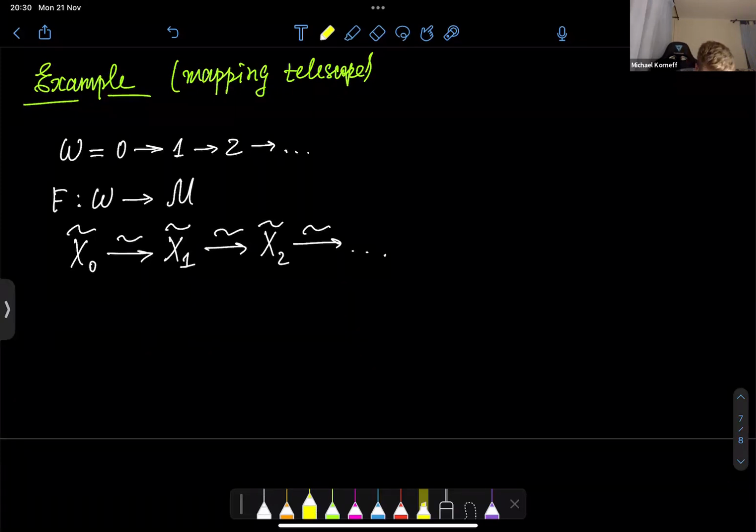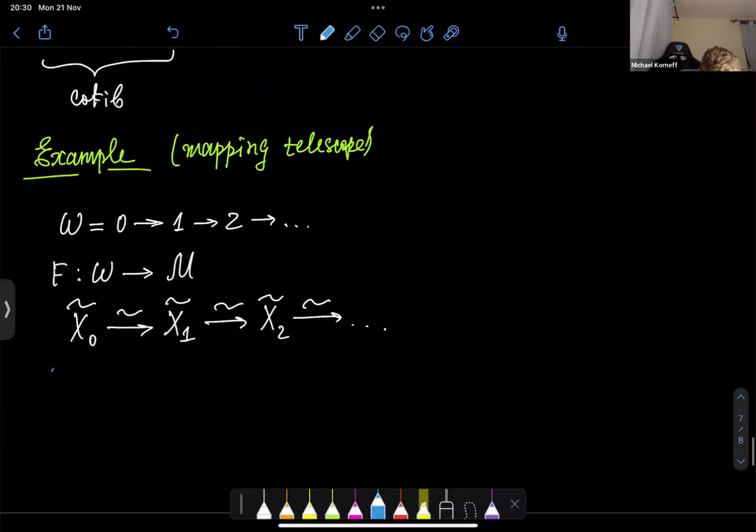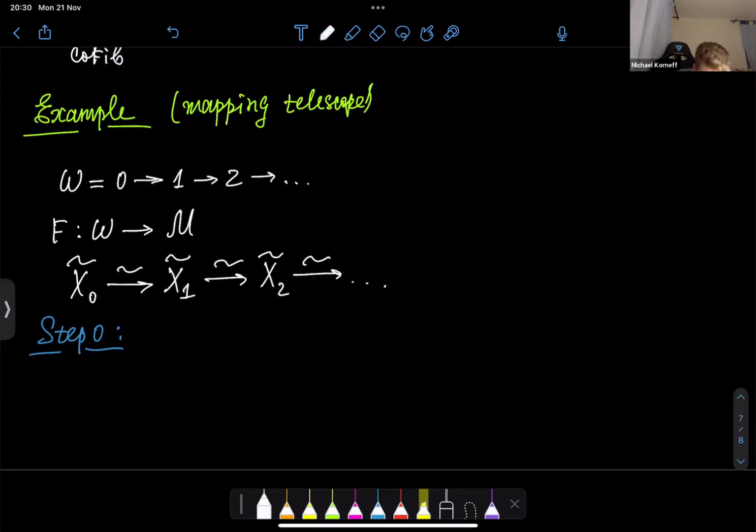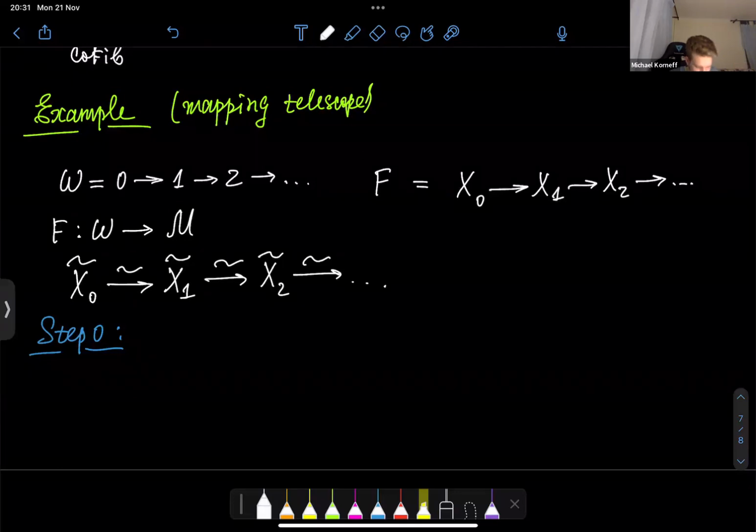Step zero. Suppose that F is a diagram like this. As a step 0, we just replace x0 by its cofibrant replacement.